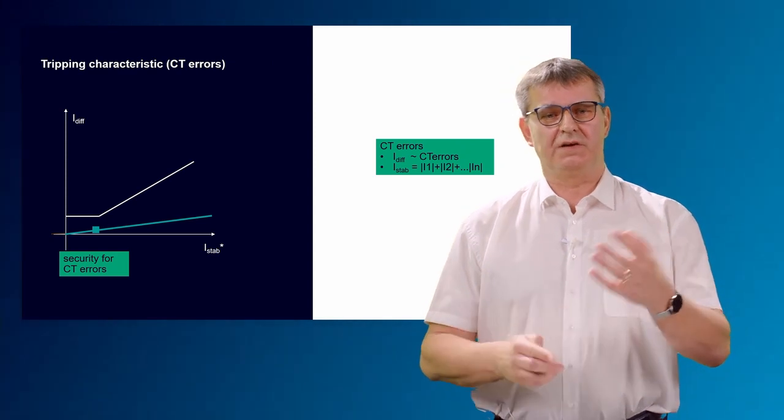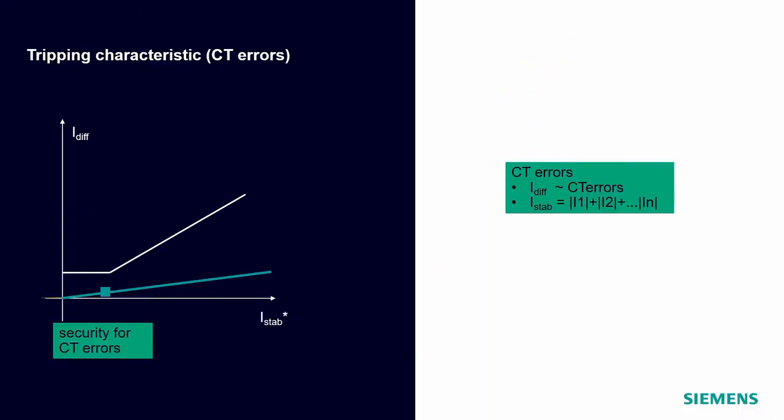So typically we have a small differential current caused by the CT errors, caused by the inaccuracy of the whole system. And this is of course also proportional to the stabilization current. Means if we have external faults, the stabilization current is increasing, and then typically also the inaccuracy will increase. So this is typically the flow of the CT errors, of the differential current caused by the inaccuracy.